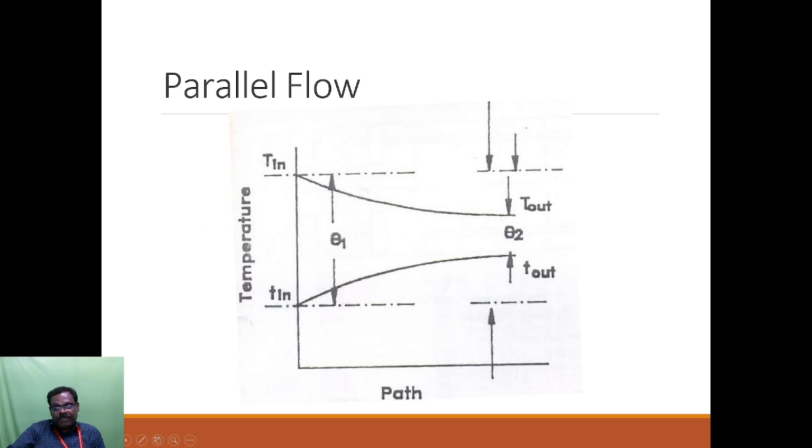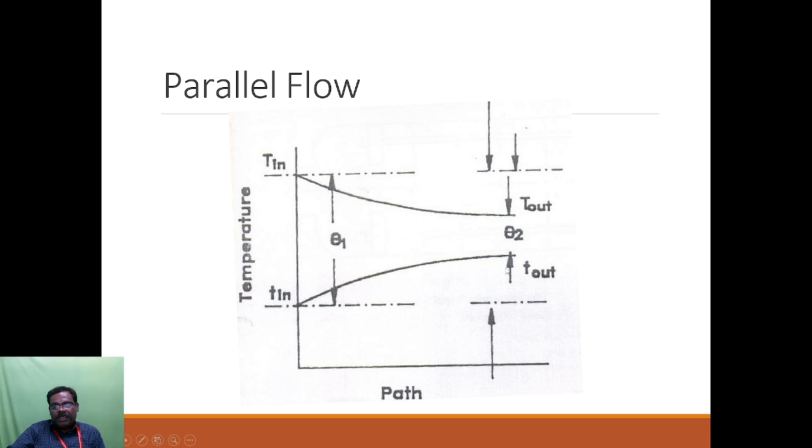This is the temperature distribution diagram. The hot fluid rejects heat from T1 to T2, the inlet and outlet temperatures of the hot fluid. For the cold fluid, small t is the inlet and outlet temperature. The inlet difference is high and the outlet is low.